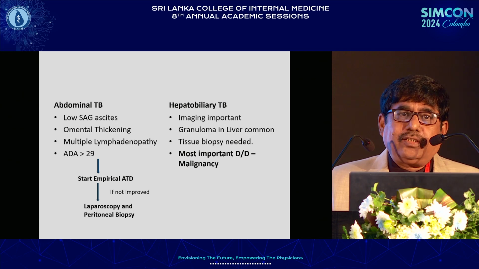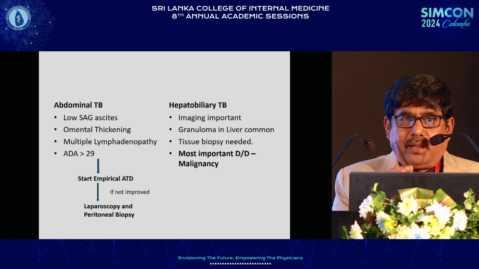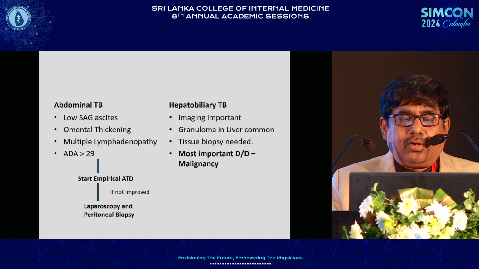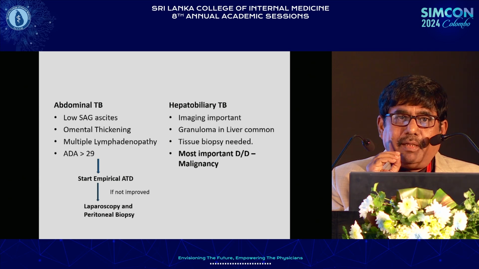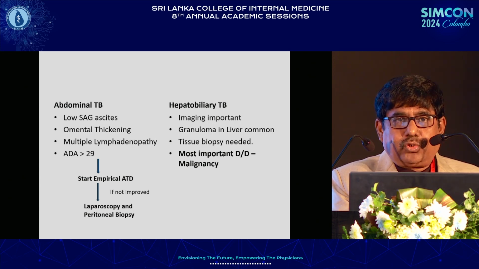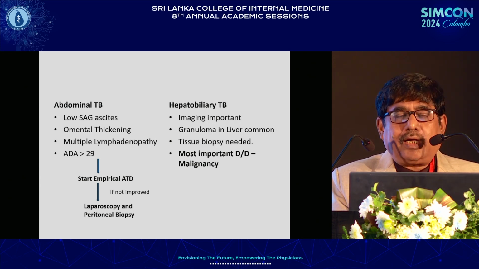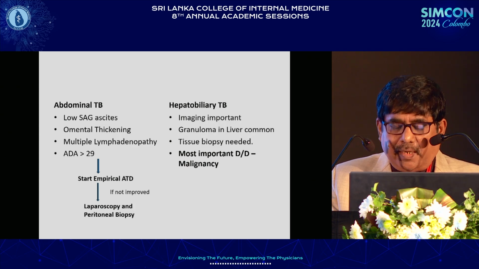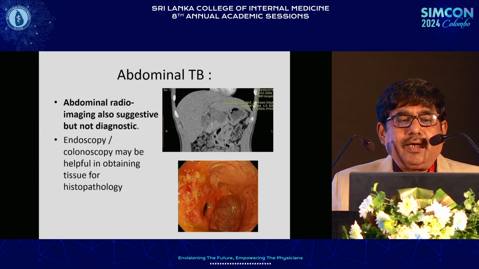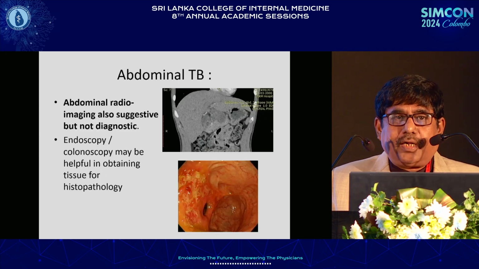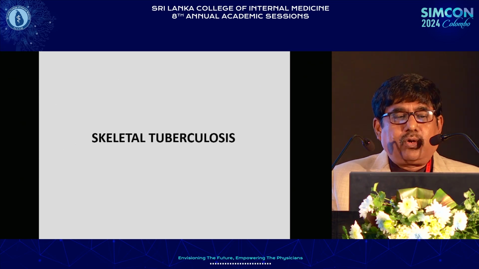So tissue biopsy is often needed by an expert pathologist, and one of the very important differential diagnoses should be hepatic tuberculosis; others may be pyogenic liver abscess or malignancy. So in abdominal TB, radio imaging is very important along with endoscopy and colonoscopy.